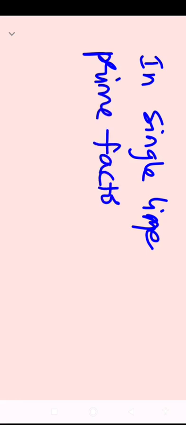Now, in a single line, I am going to conclude the fundamental theorem of arithmetic. Prime factorization in a unique way, or unique prime factorization, is called the fundamental theorem of arithmetic.